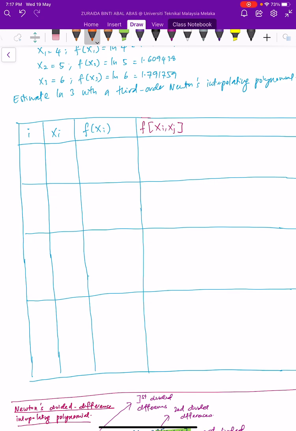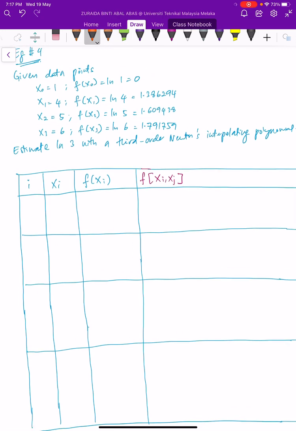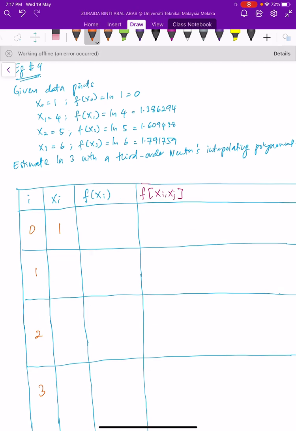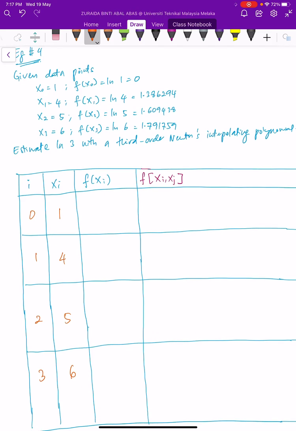So for this one, just fill in the table here. We have i starting from 0, 1, 2, and 3. And then x0 is 1, x1 is 4, x2 is 5, x3 is 6. And then the function values for each of your points. For the first one it is 0.